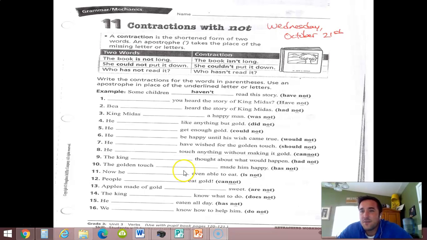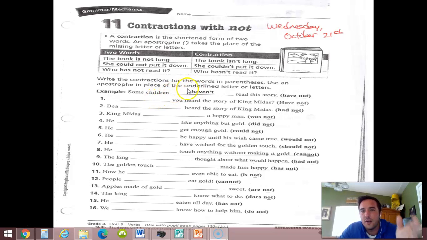In this case for today, you have the two words that you need to contract. What I mean by that is, here they show you have not. You need to contract it to haven't. Again, notice where you kick out the letter, and here it's kind of nice because they actually give you the letters to kick out. They actually underline it. That's where you put the apostrophe and you join the words together.